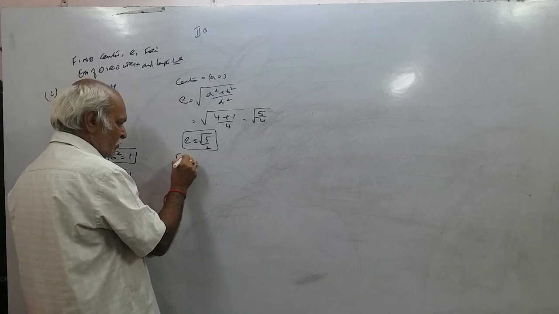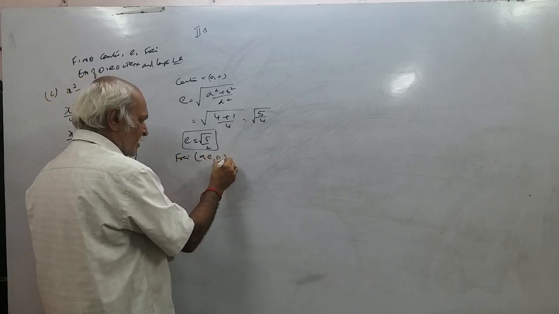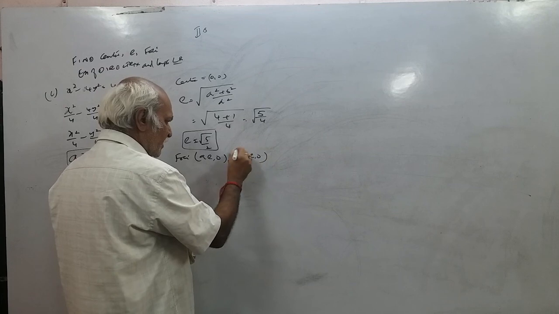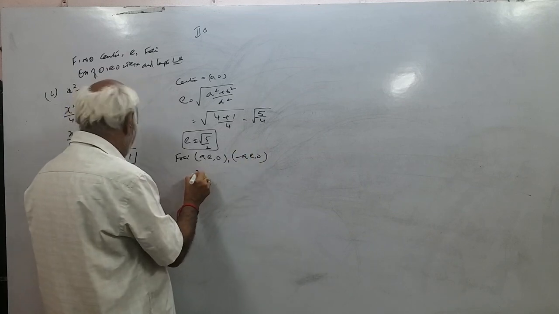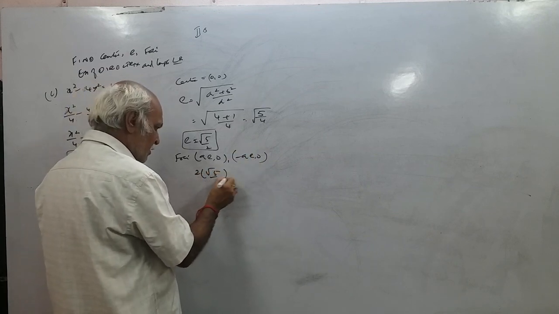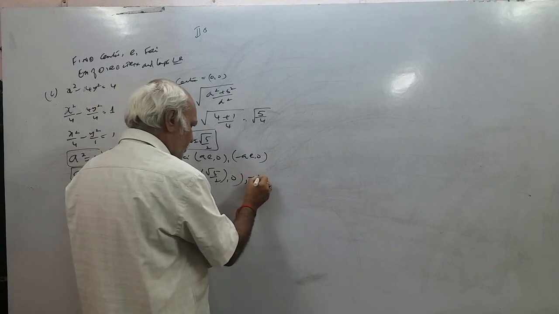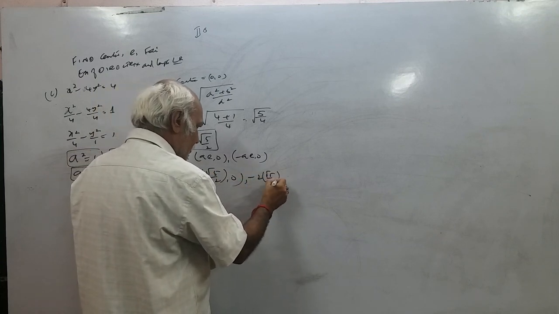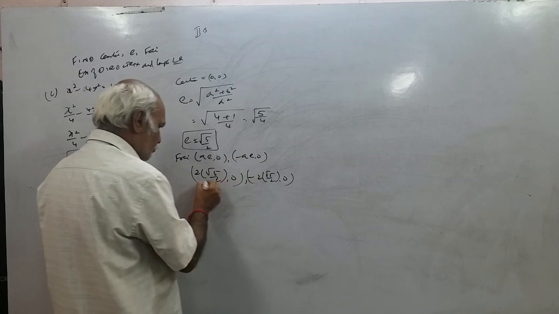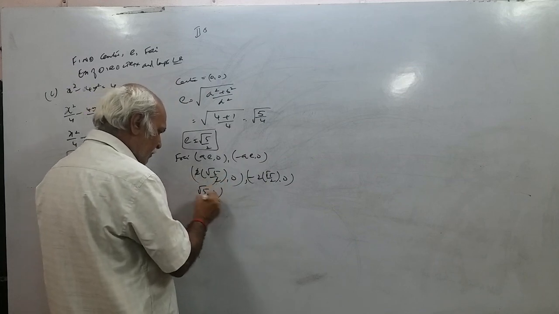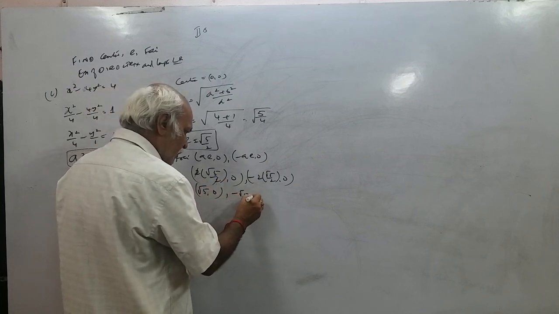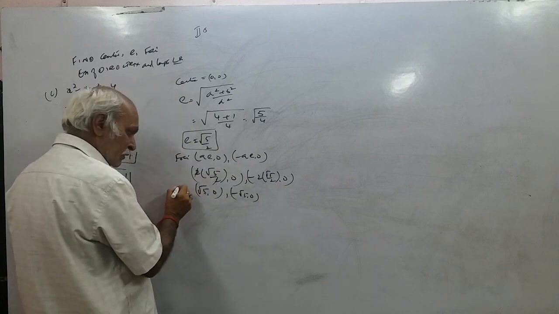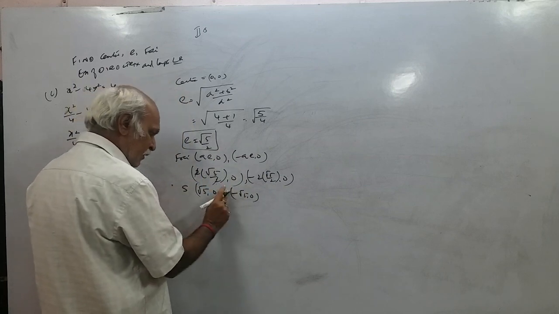Next we have to find foci: a e comma 0 and minus a e comma 0. a value 2 into root 5 by 2 comma 0 and minus 2 into root 5 by 2 comma 0. So 2 will get cancelled. Root 5 comma 0 and minus root 5 comma 0. Foci we got.